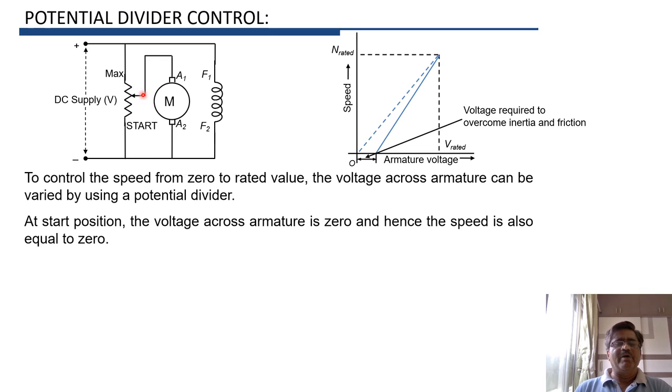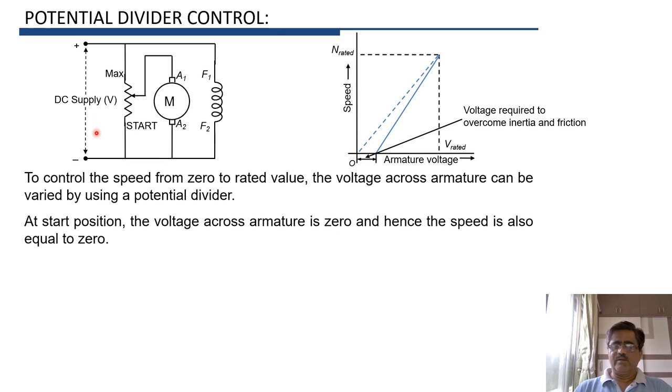So when the divider is at start position, means at minimum position, the voltage across armature will be equal to 0. So if voltage across armature is 0, speed of motor N is also equal to 0.